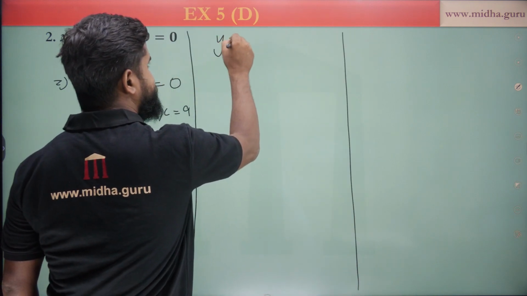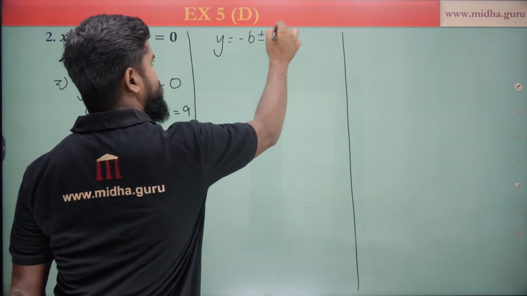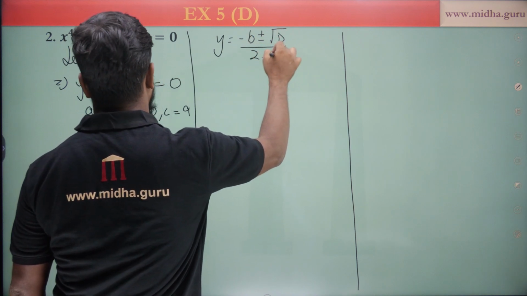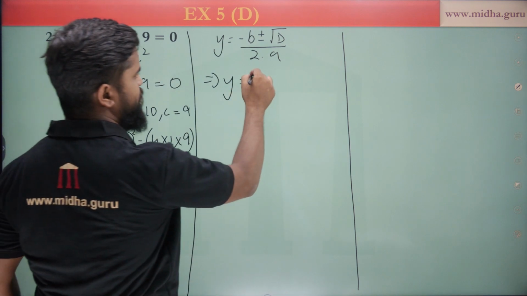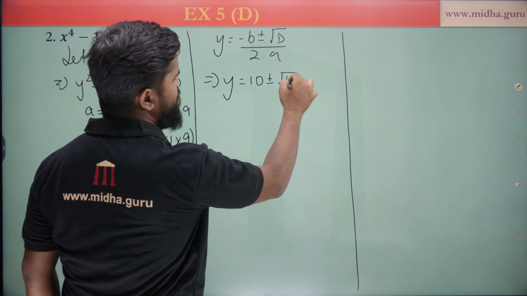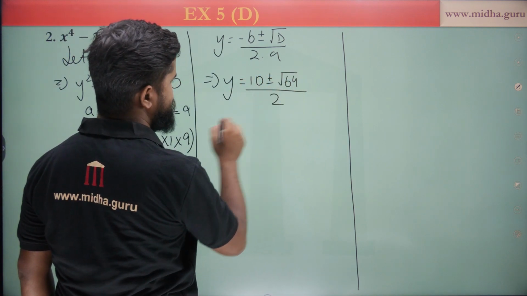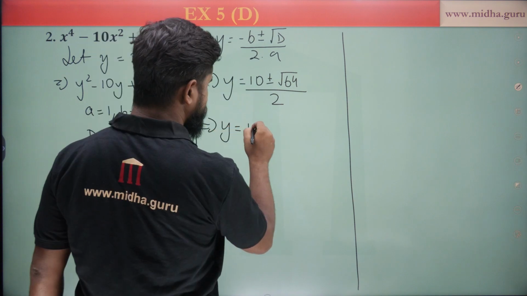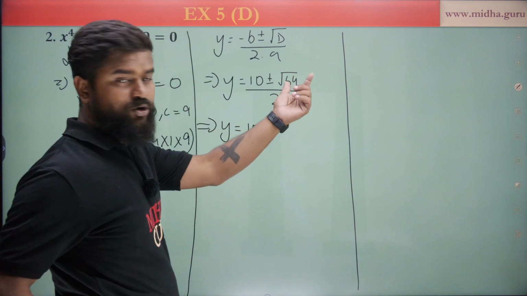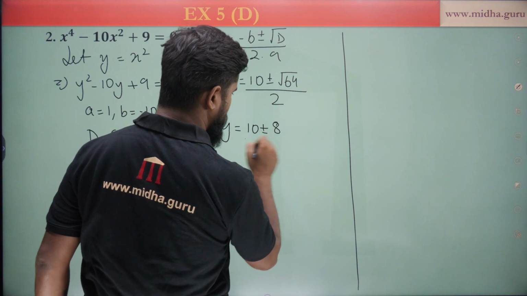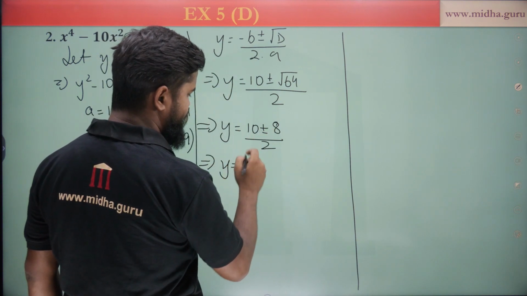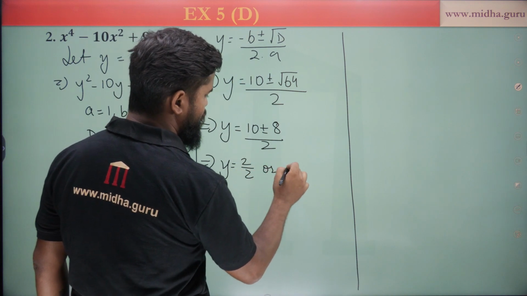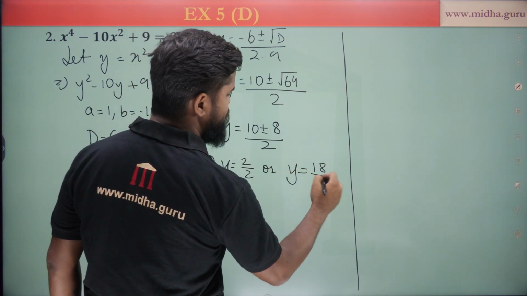So y is equal to minus b plus or minus the root of the discriminant by twice of a. So y is equal to, since b was minus 10, it becomes 10 plus or minus the root of 64 by 2 into a. So 10 plus or minus the root of 64 being 8, by 2. If you subtract 8 from 10, we get 2 by 2, or if we add, we get 18 by 2.